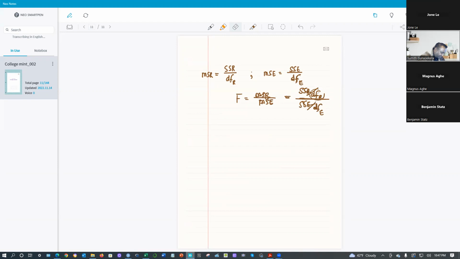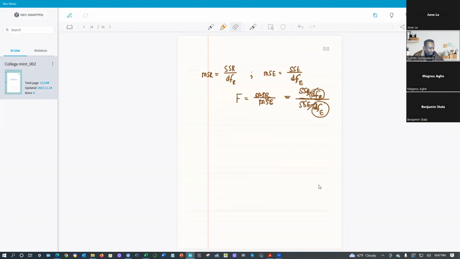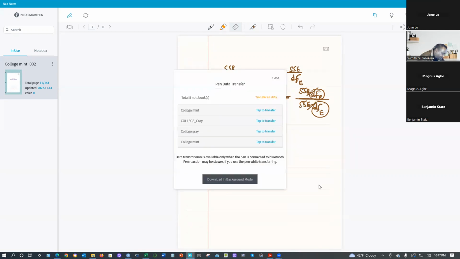So normally when it comes to this, we're going to call this one the numerator. This one is called the denominator. Okay, one second. And I can stop over here. So the degrees of freedom of the numerator is the degrees of freedom of regression, and the degrees of freedom of the denominator is the degrees of freedom of error.